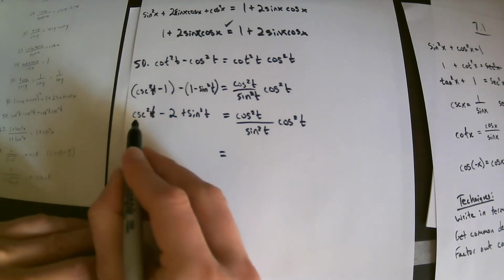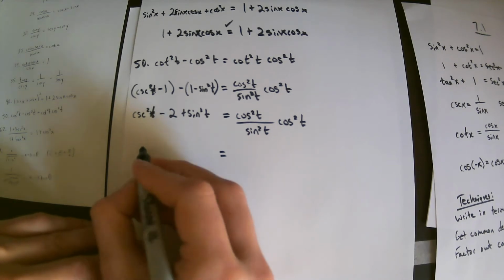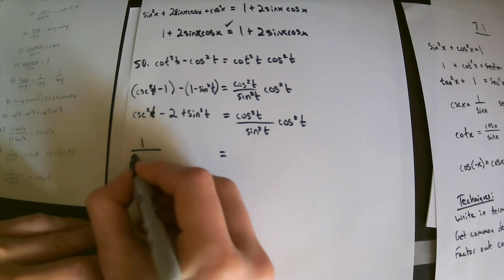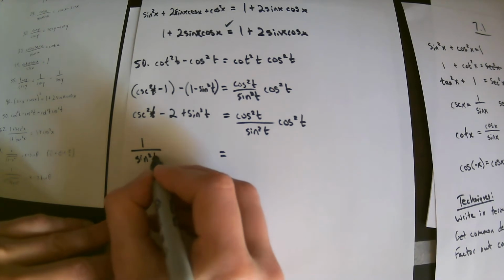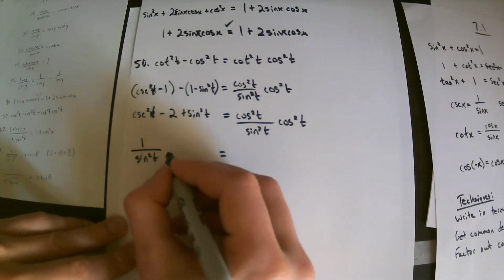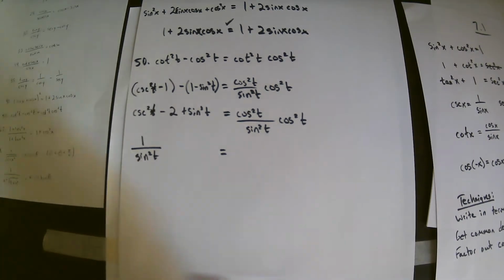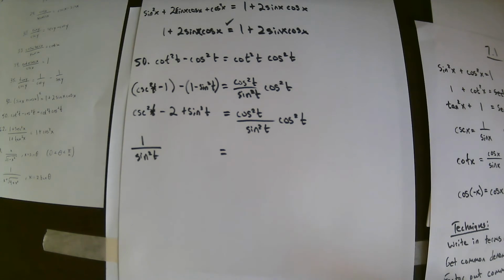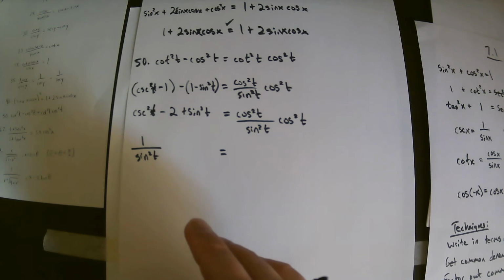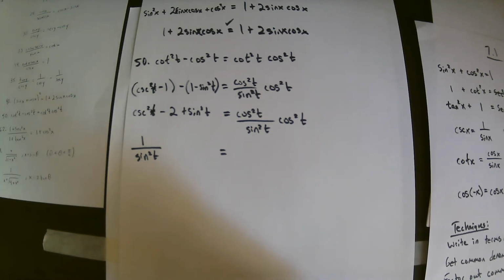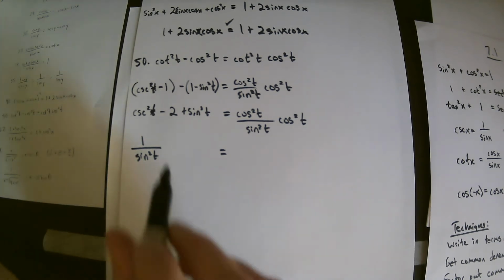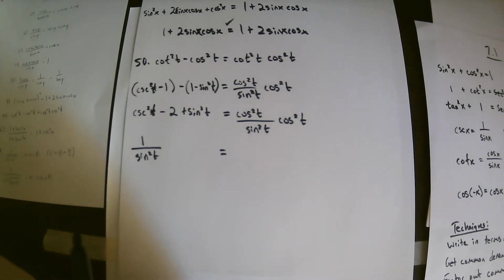So over here, cosecant squared t is the same as 1 over sine squared. There we go. That's looking better. I feel like I messed up the Pythagorean identity. Nope, that was it. And then cosine squared is 1 minus sine. Okay, I'm worried about that 2. Where's that 2 going to go? It should have canceled out.